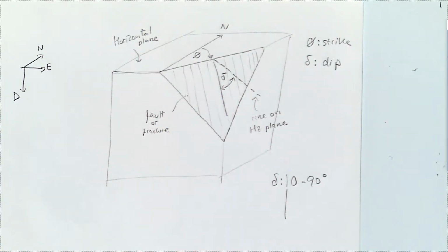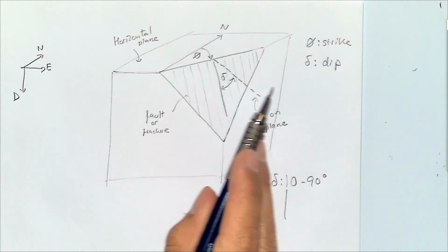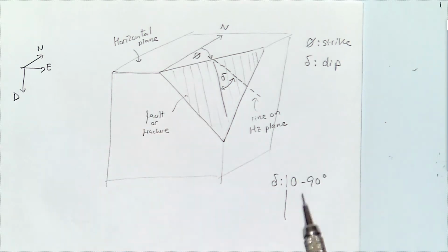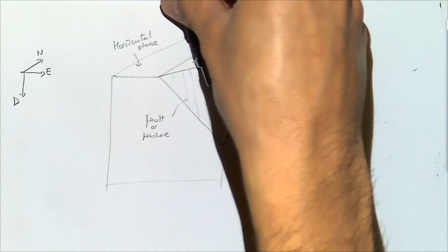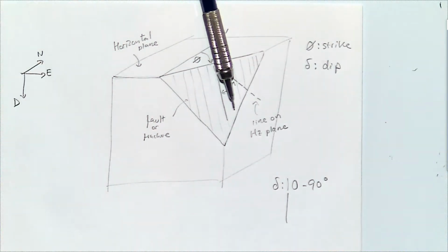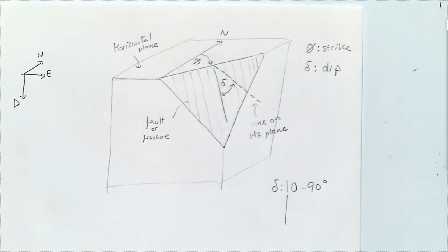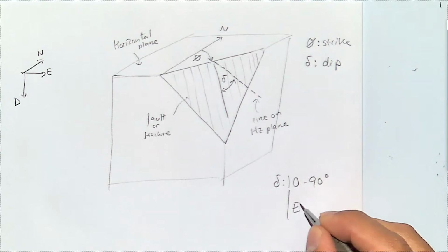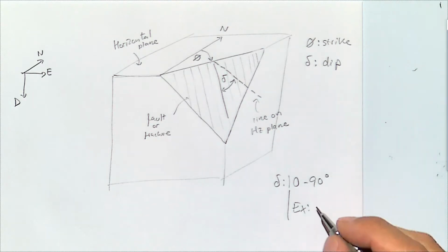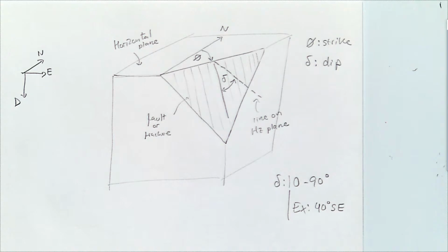Can you see that? So this is the north, this is the east, and this is the south. This one goes down into the southeast direction. So for example, I could say that this one, just from eyeballing, is probably 40 degrees southeast. That's a dip.